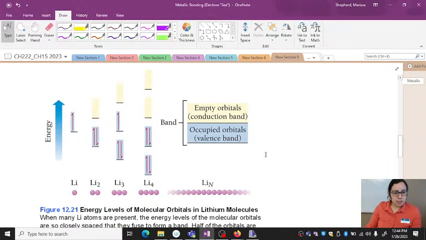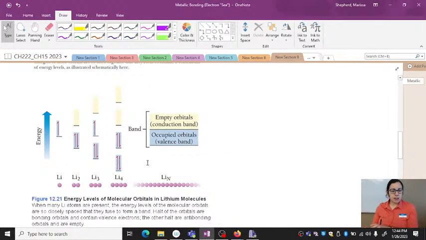What you get here is that we're starting to combine. This would be lithium, a single lithium with one valence electron. Now we combine two, so we have our bonding and antibonding, and fill up our electrons. Then we continue until we make this infinite Li_n, a huge chunk of metal.